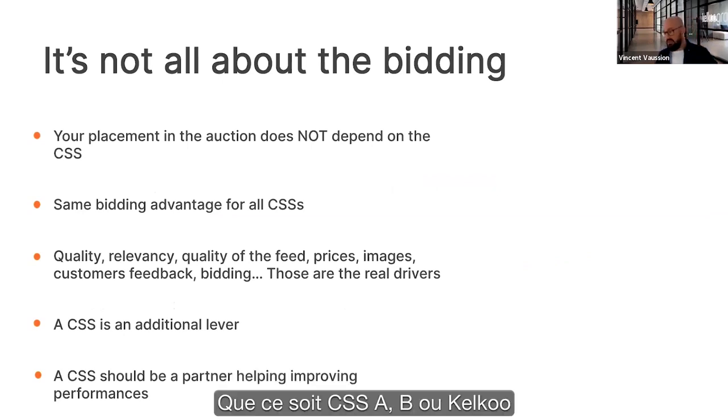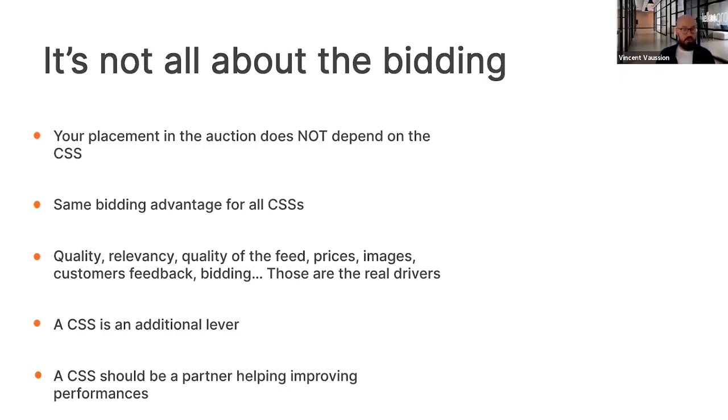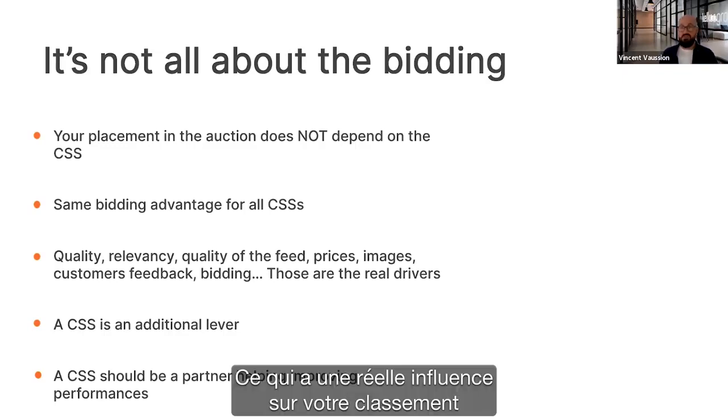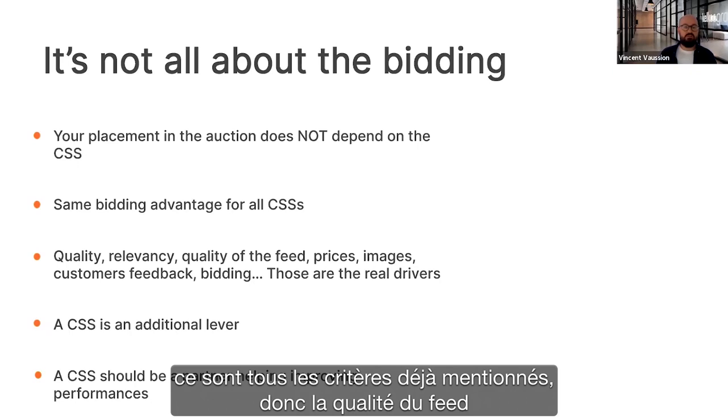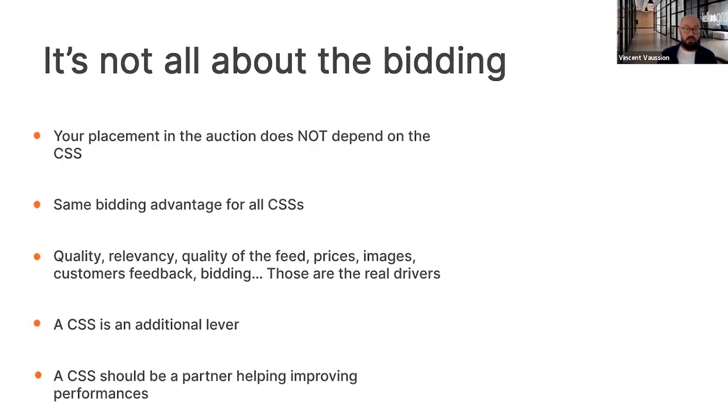If you take CSS A or CSS B or Kelkoo, they all have access to the same bidding advantage. What actually influences your placement? It's all the Google criteria that we know: quality of your feed, relevancy, quality of your products, the prices, images, customer feedback, bidding, etc.